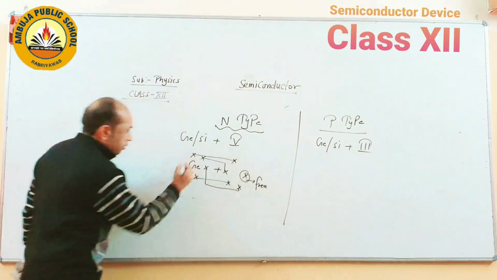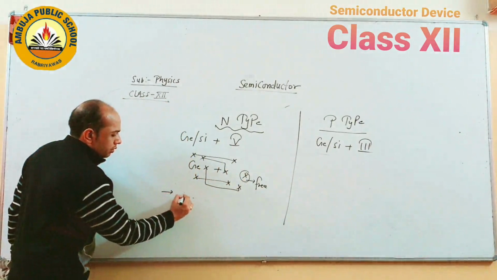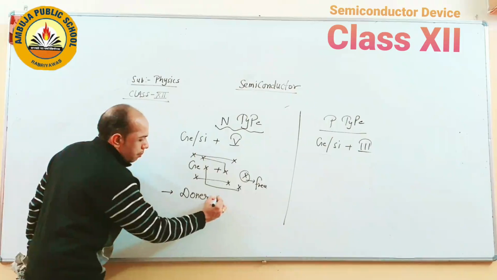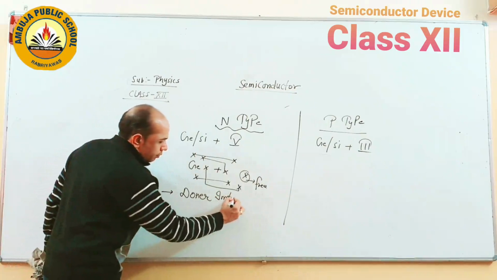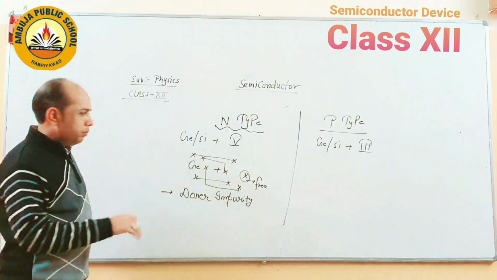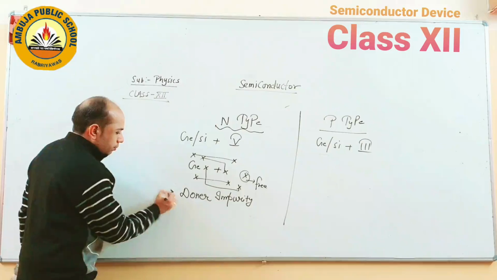This fifth one is free and is donated somewhere else. That is why this kind of impurity is known as donor impurity, because one electron is left over and can be sent to another atom.